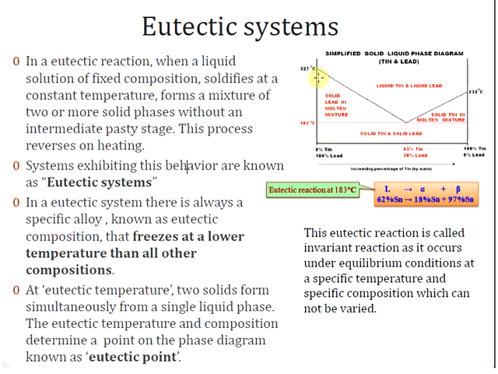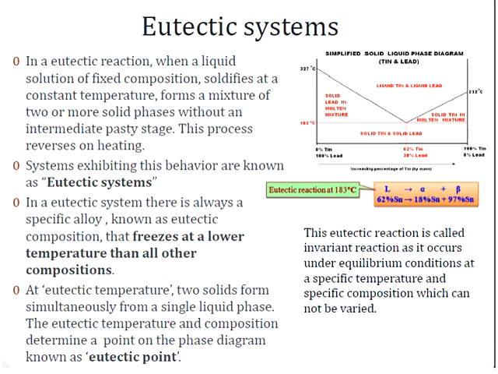So the alpha corresponds to the pure lead and beta corresponds to pure tin, and there is a separation between the pure solids and the solid tin plus solid lead area. That is not shown in this figure. In a eutectic system, there is always a specific alloy, known as the eutectic composition, that freezes at a lower temperature than any of the other compositions.